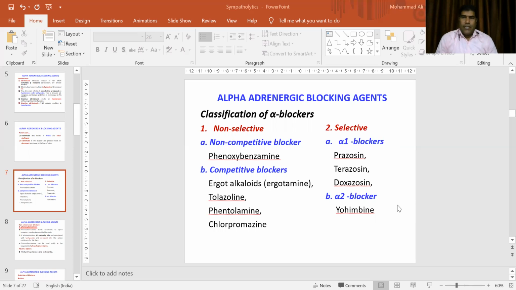Now coming to the second category, selective alpha blockers. Under selective alpha 1 blockers come prazosin, terazosin, doxazosin. Alpha 2 blockers such as yohimbine. These are the drugs under the category of alpha blockers.